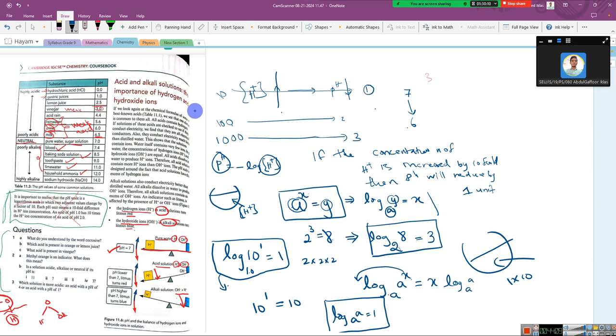Okay, let me just give you a perfect example. So the log is related to this, right? The log is related with this one, right?